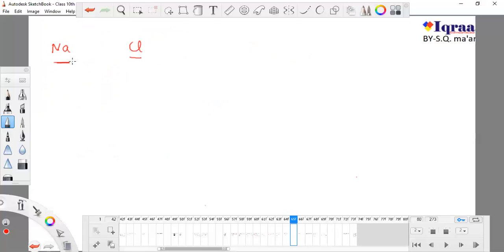Now remember, Na has valency of 1 and chlorine has valency of -1. Now I will cross them. Na will go with the valency of chlorine and chlorine will go with the valency of Na, so it will be NaCl. In another type of formula, I have to make something with calcium and chloride.